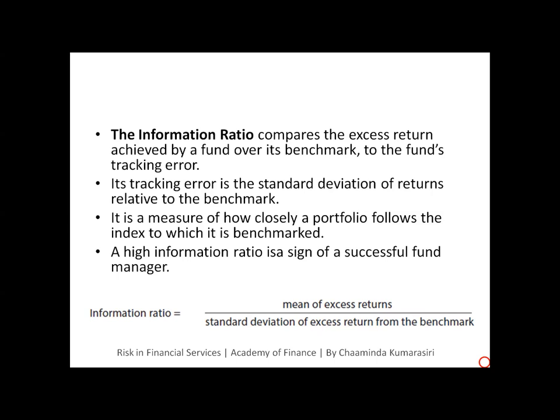Then you calculate the standard deviation of the excess return. Then you will get return per unit of risk. And that is what we call information ratio.